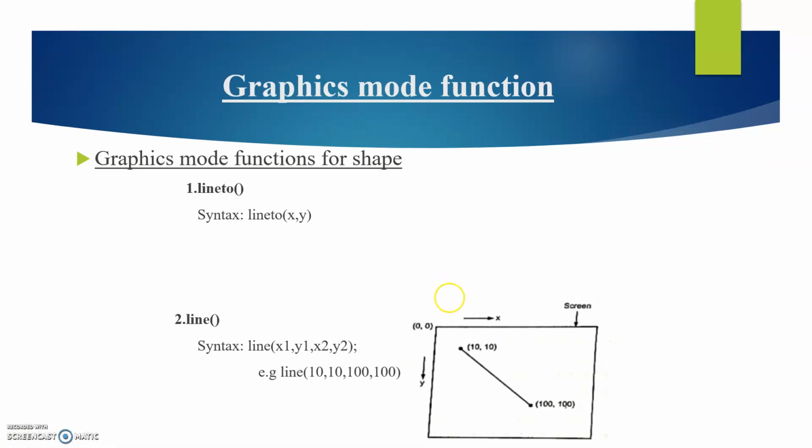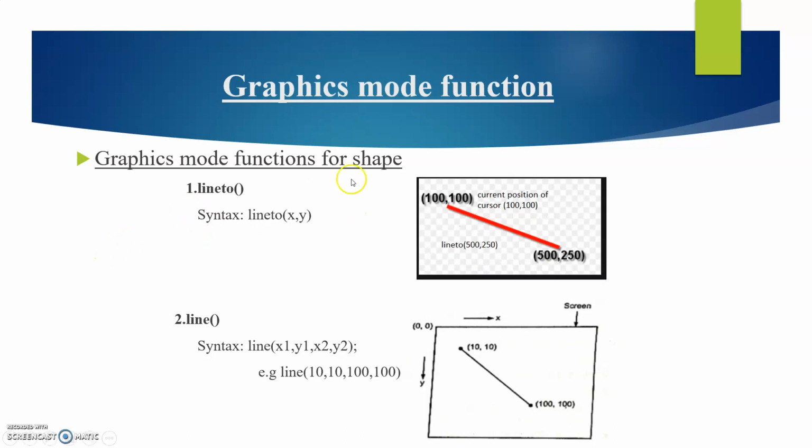Next we will study some graphics mode functions for shape. These are the graphics mode functions by using which we can draw a particular shape. First is the lineto function. The lineto function draws a line on the screen from the current cursor position to the XY position mentioned in the command.